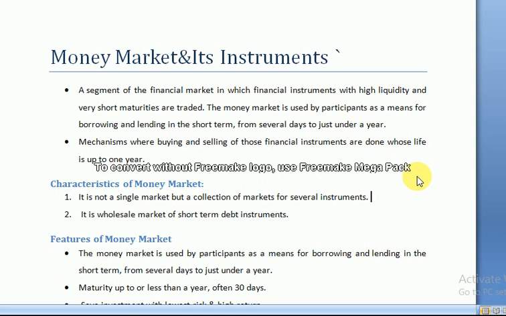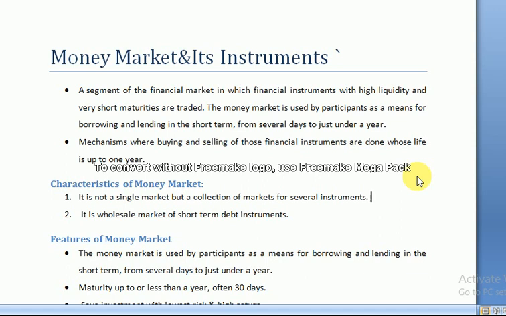They are easily convertible into cash. Whenever the investor wants to sell, they can easily sell and convert it into money. So that's why the market where all those instruments with high liquidity are traded is called the money market.